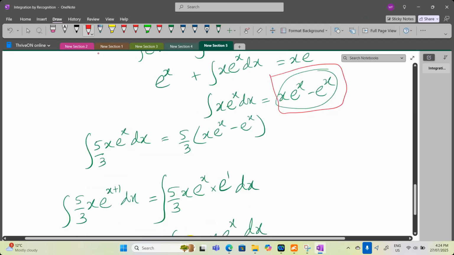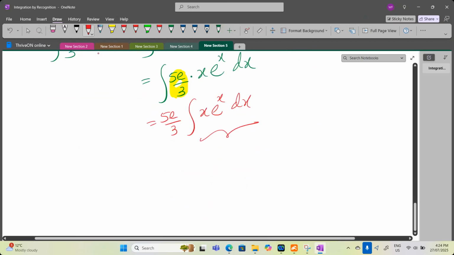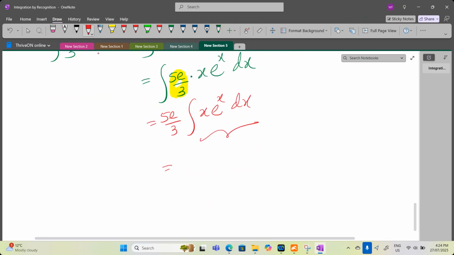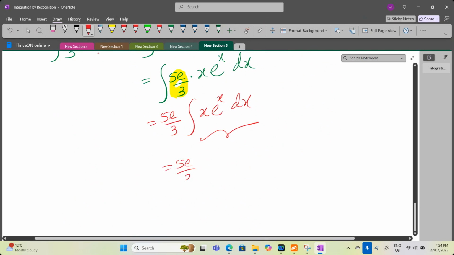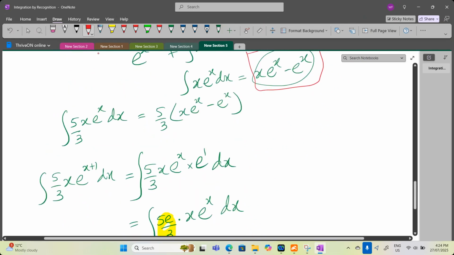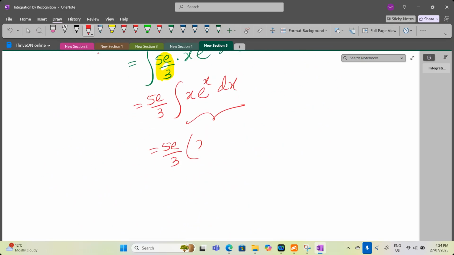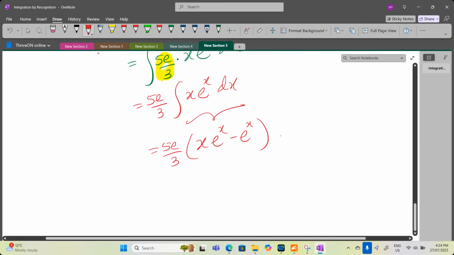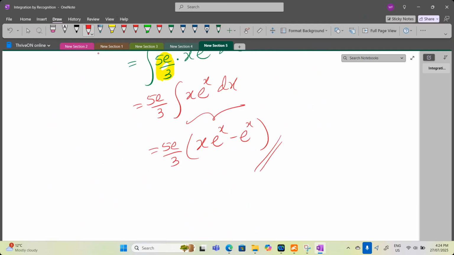So the antiderivative of x e to the x, if you want it, is 5e over 3 times x e to the x minus e to the x. This is the answer. If you like, you can expand the bracket.